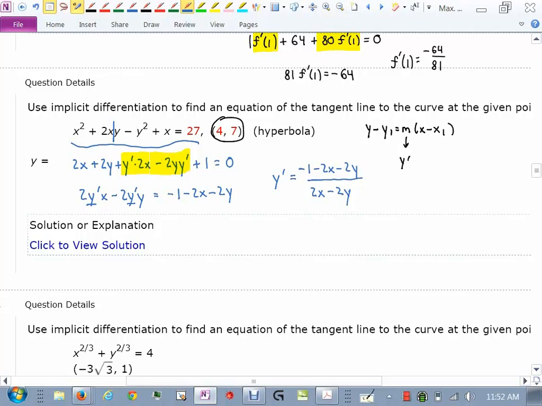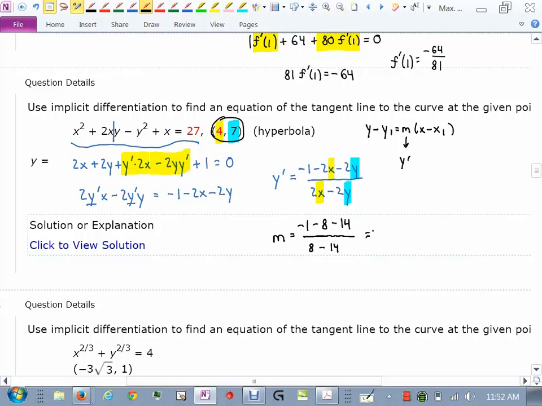Now, what I want to know is what's happening at the point 4, 7. So I'm going to replace all my x's with 4s and all my y's with 7s. And that should give me the slope of my tangent line. So the slope will be negative 1 minus 2 times 4, which is 8, minus 2 times 7, which is 14, all over 2 times 4, which is 8, minus 2 times 7, which is 14.